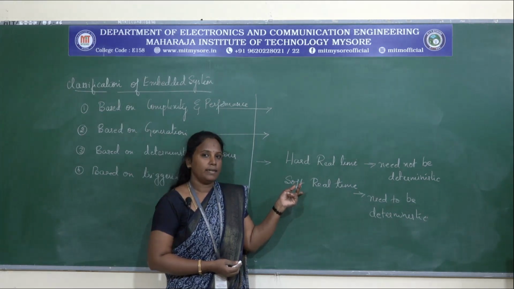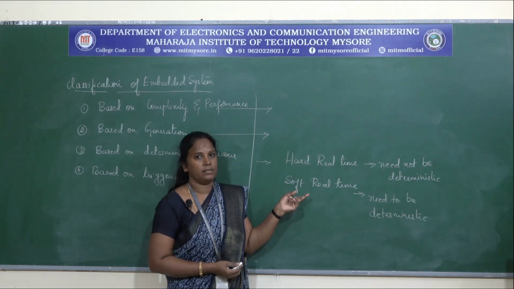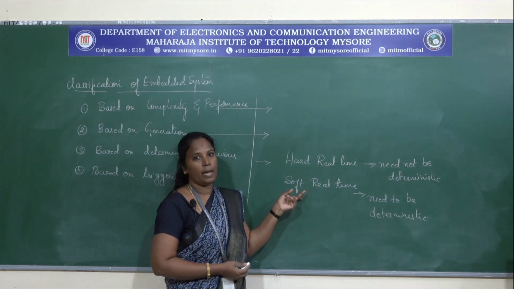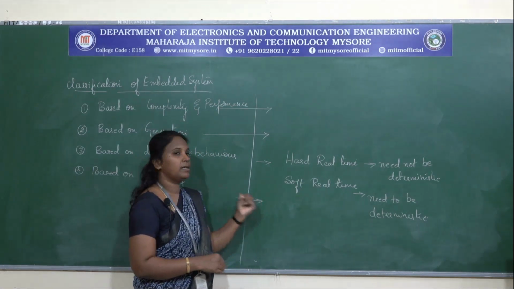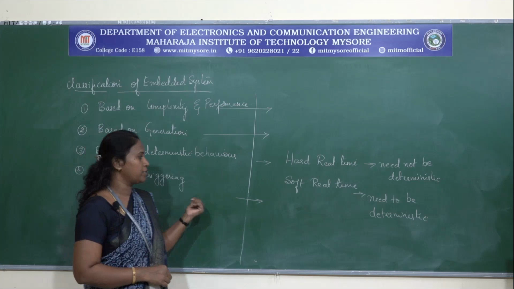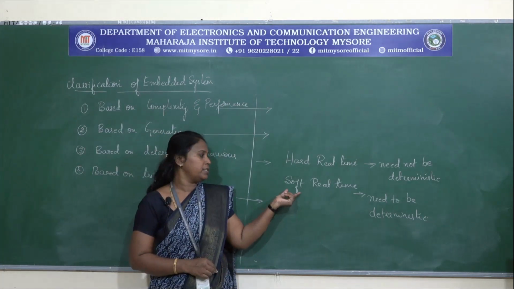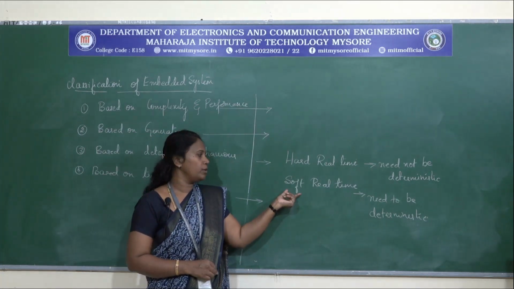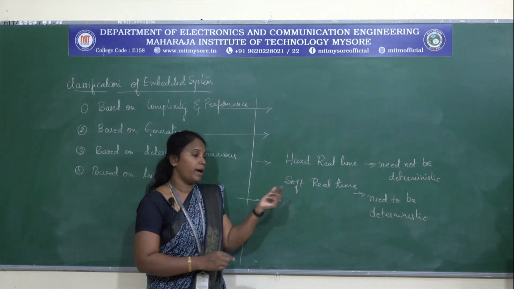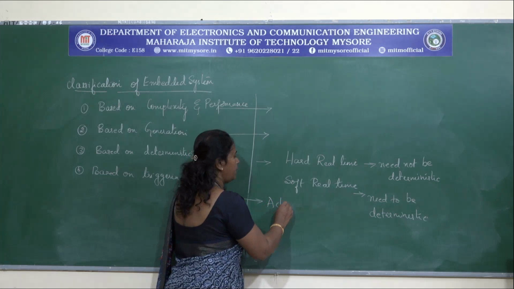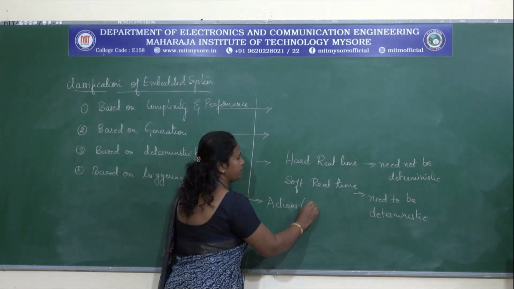If any deadlines are missed here, some event is going to happen. That is depending upon the triggering. That is the last classification, that is based on triggering. That means if it is not going to meet the deadline, it is going to cause some actions or some event will occur.